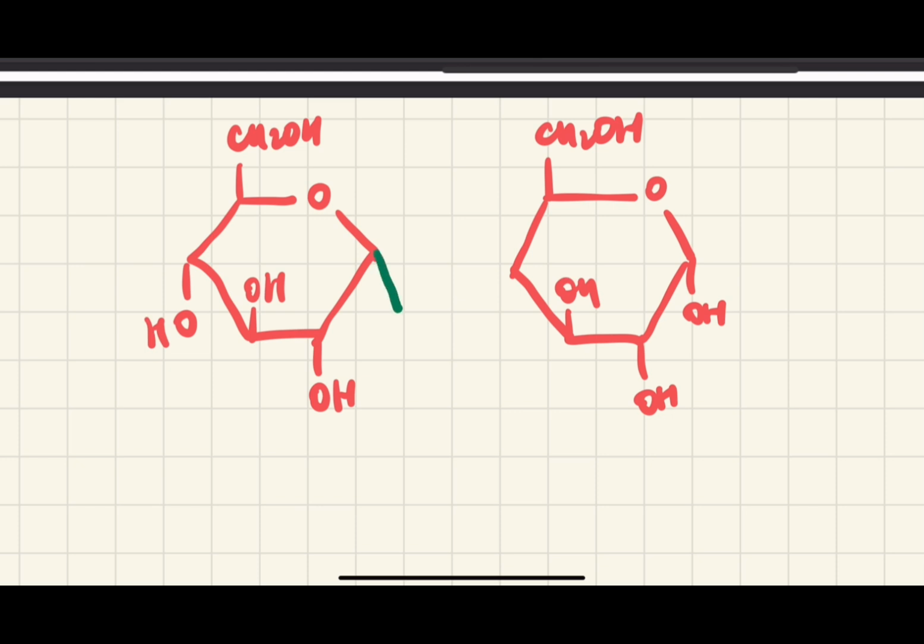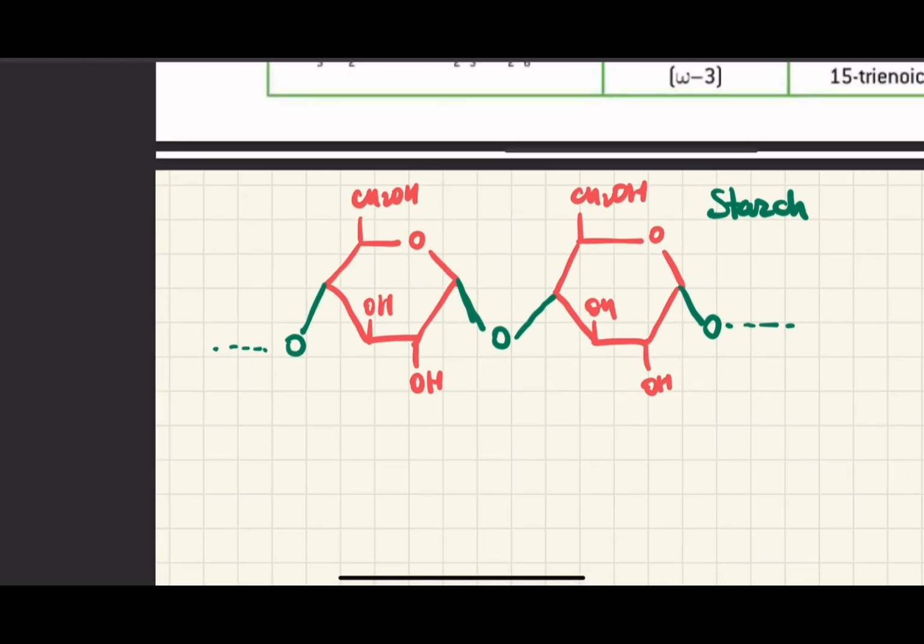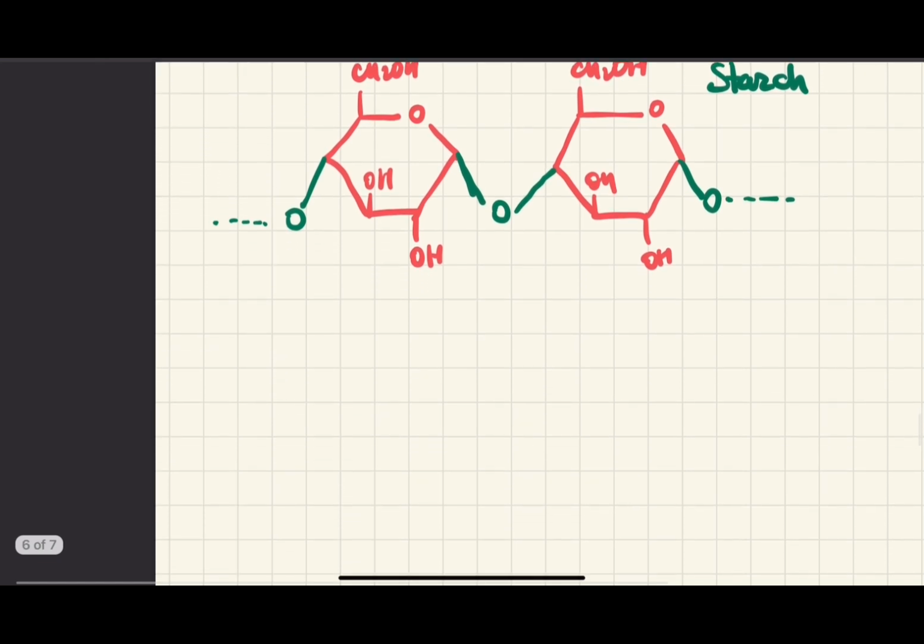It will connect through here with the oxygen from the bottom, and the ones in here will look the same. It will be all like this, and it will continue. Now this is your starch made from alpha glucoses. You need to make sure that you draw it correctly. And now we're going to do it for cellulose.